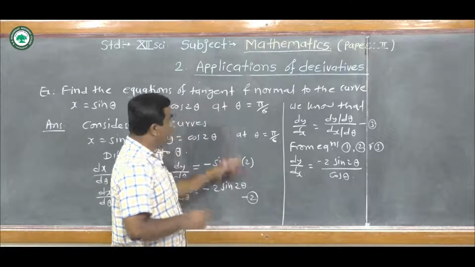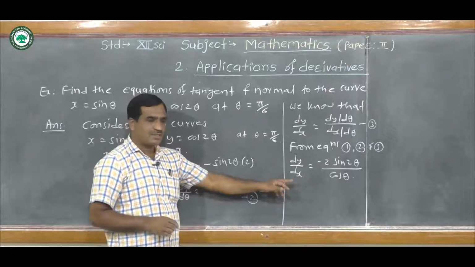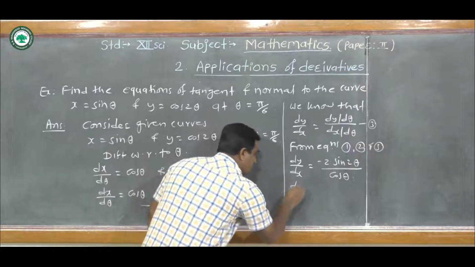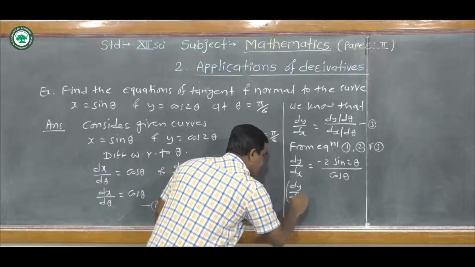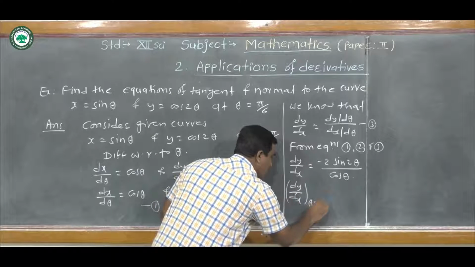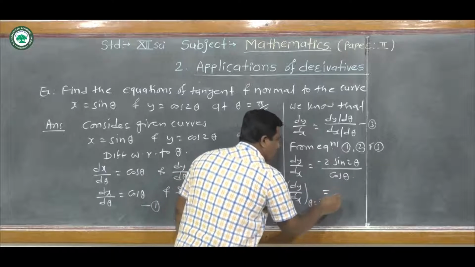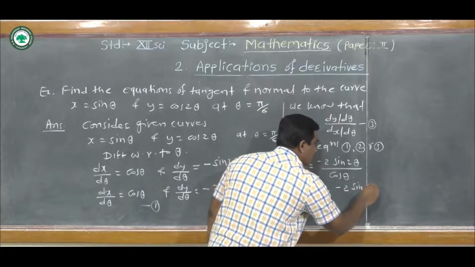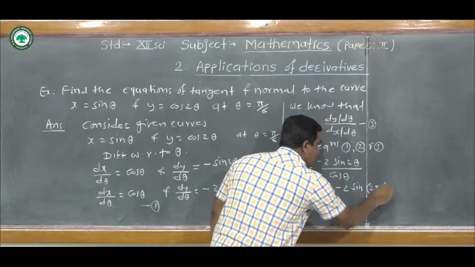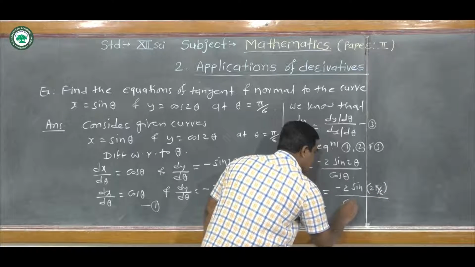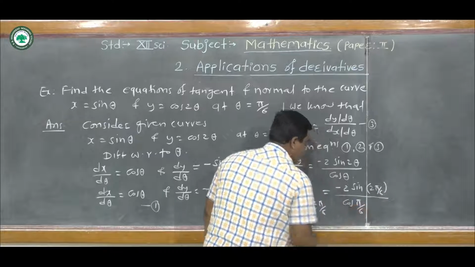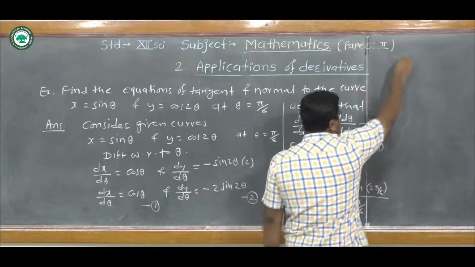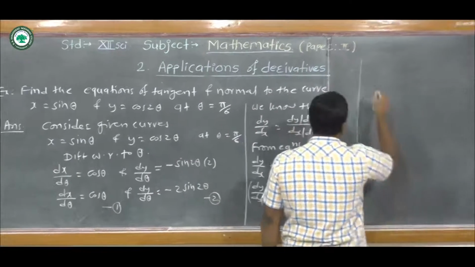Therefore put theta equal to pi by 6 in this equation. Then we can write dy by dx at theta equal to pi by 6 equal to minus 2 into sine of 2 into pi by 6 upon cos pi by 6.